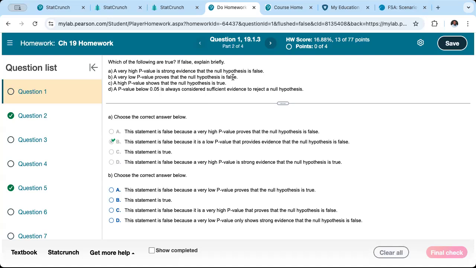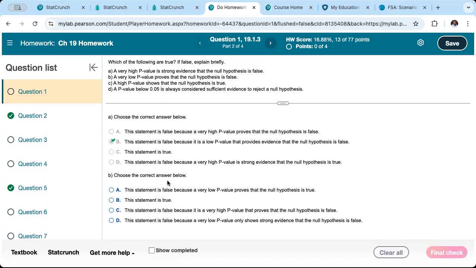A very low p-value only tells us that there is a strong evidence that the null hypothesis is false. It does not prove. Is that okay? That is why we are doing this chapter, because we can make mistakes. If you are proving something, it means something exists. Does that make sense?